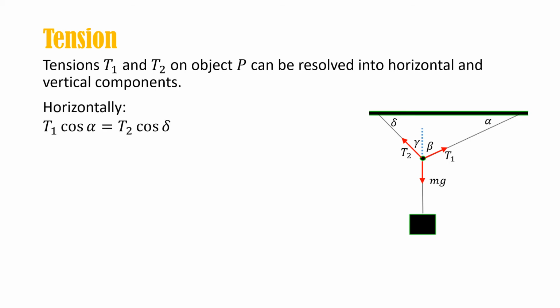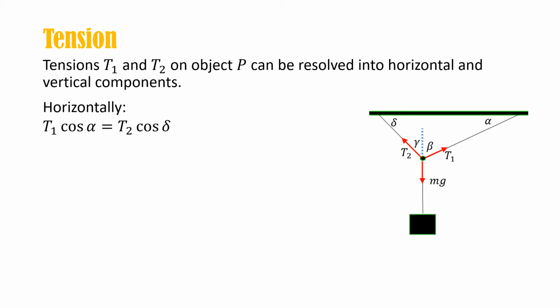So if we look at horizontally, T1 is going to have a horizontal component and T2 is going to have a horizontal component. If we are looking at the angle from the horizontal, so where the cable would be until we put this weight on it, what we've got then is T1 cos of alpha is equal to T2 cos of delta.